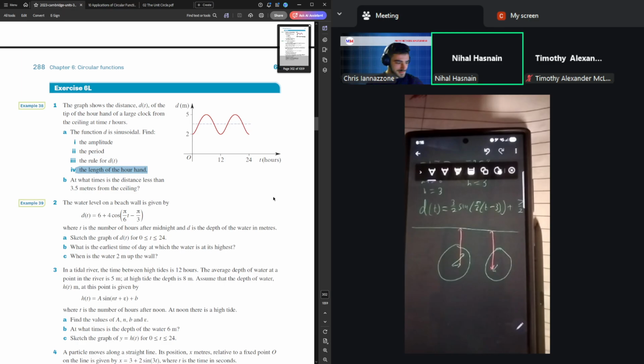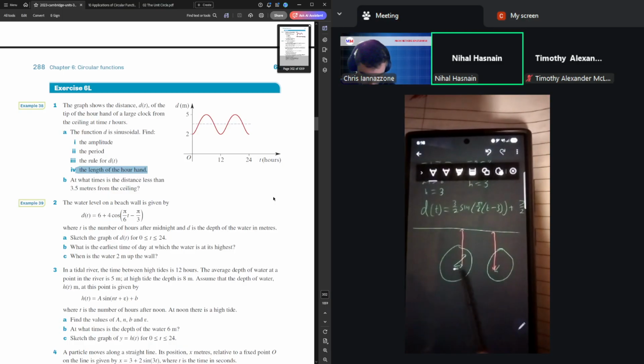Well, I just gave it a thought. Oh, just gave it a thought. Is it just sort of like an intuitive feel for it, or could you put it in words? Why is it the amplitude? It's because the midpoint of the hour hand is the middle, and the hour hand goes up and down.